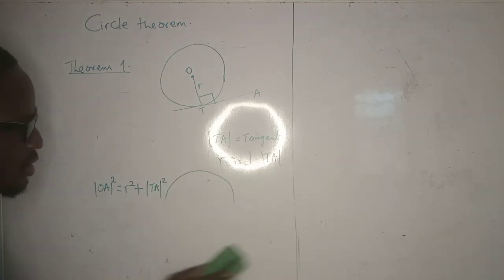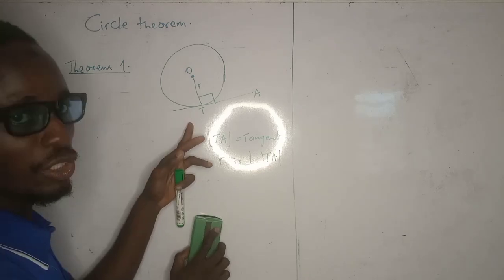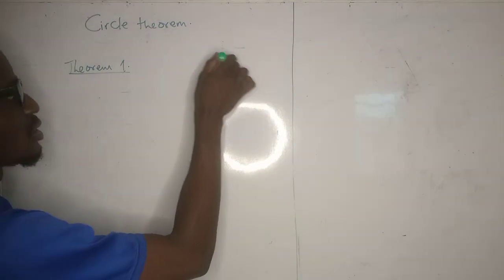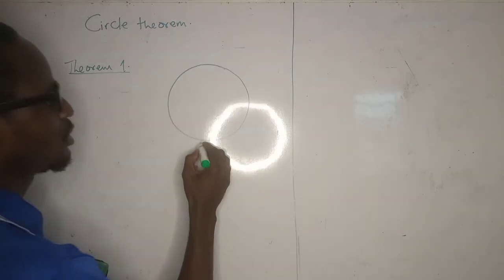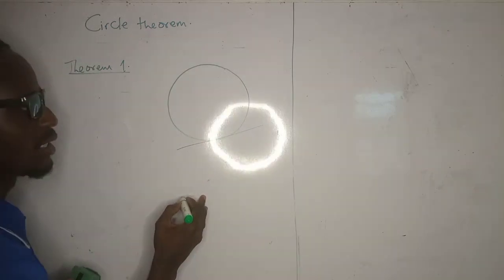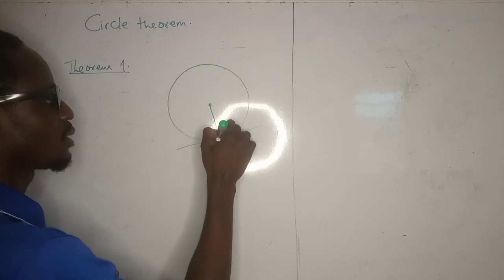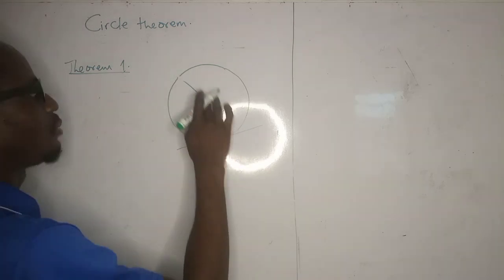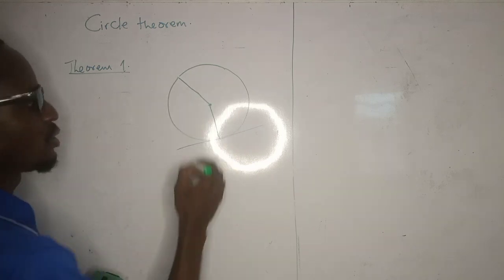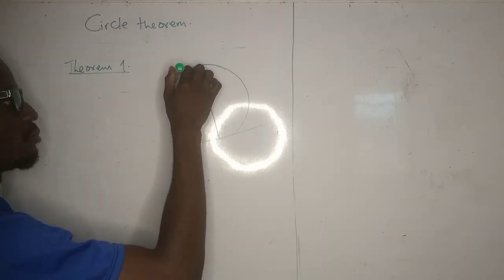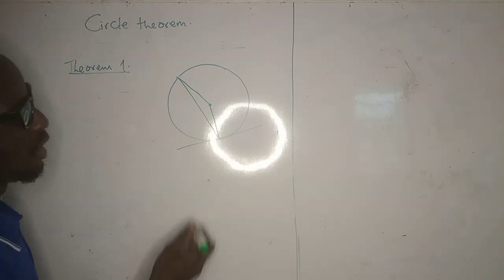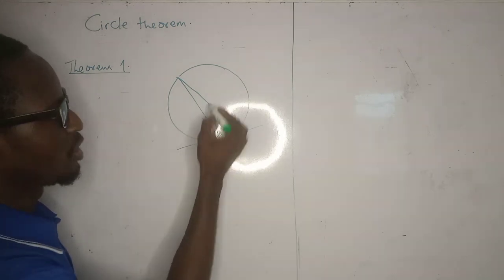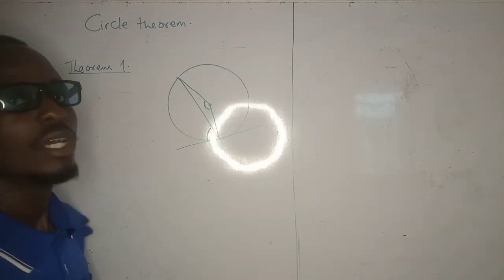Another property is that you may have some questions that come this way. This is the tangent, and then you have something like this, where these are two radii. You may be asked to find this angle or this angle, or you'll be given whatever this angle might be.